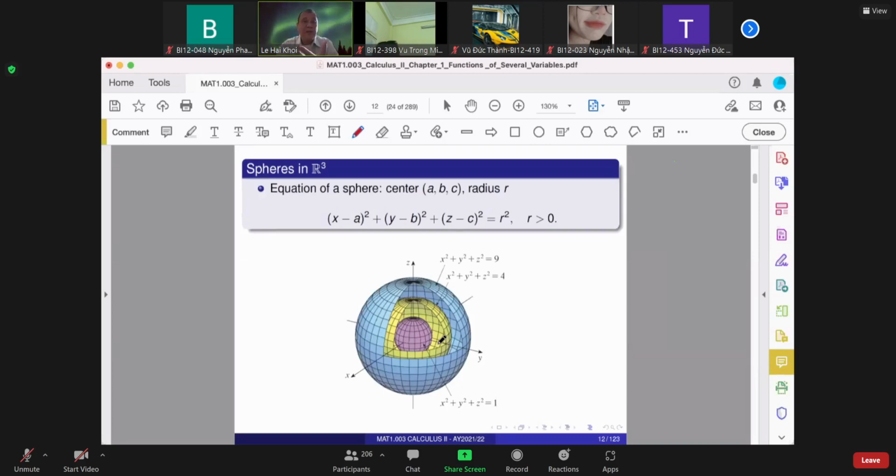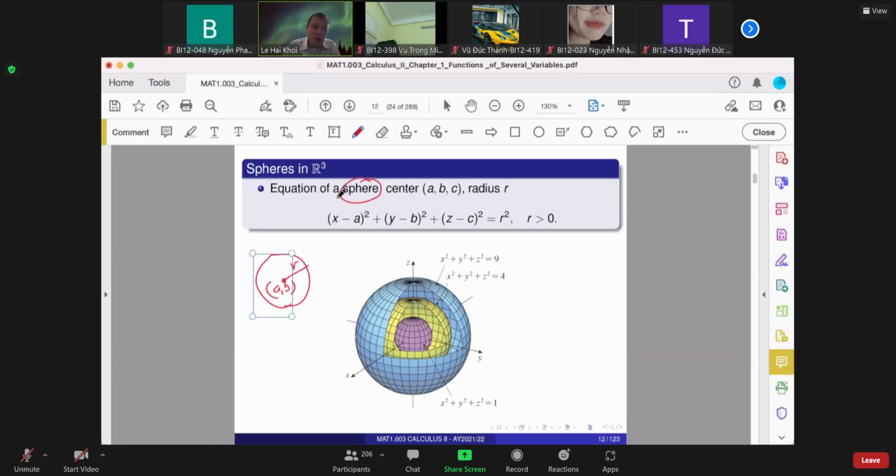If in R2, you have the circle, right? You have the circle centered at A, B, for example, and radius R. This is a circle. You have only 2 coordinates. Then in R3, you have the so-called sphere. Only the sphere, not the inside, only this boundary.